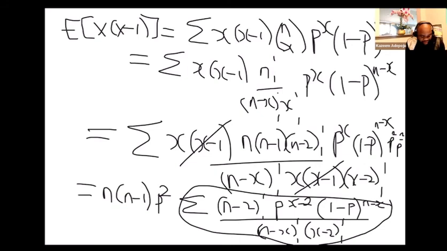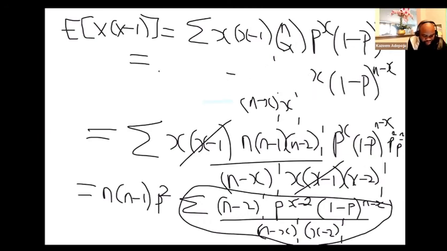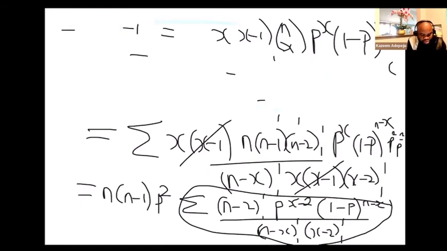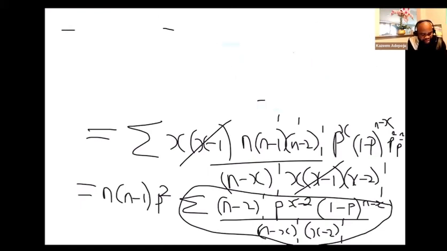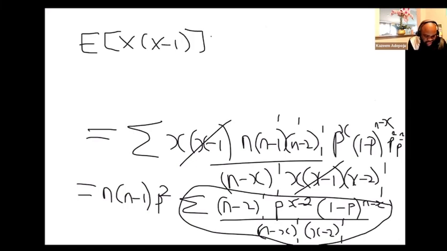When that equals 1, you're actually going to have n into n minus 1 times p squared. So the expectation of x into x minus 1 is n into n minus 1 p squared.